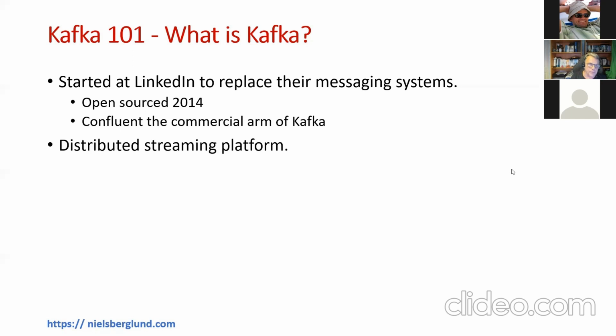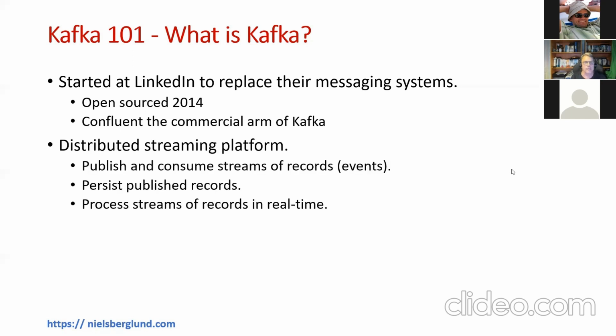Kafka is a distributed streaming platform, and with that I mean that we are publishing and consuming streams of records, where a record is an event, a message. What is cool with Kafka is that by default the messages, the events, are persisted to disk.